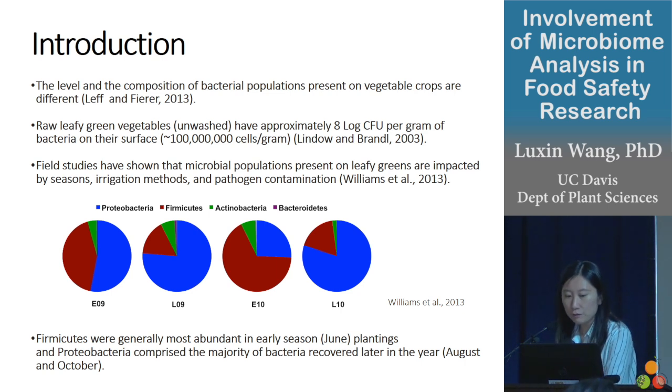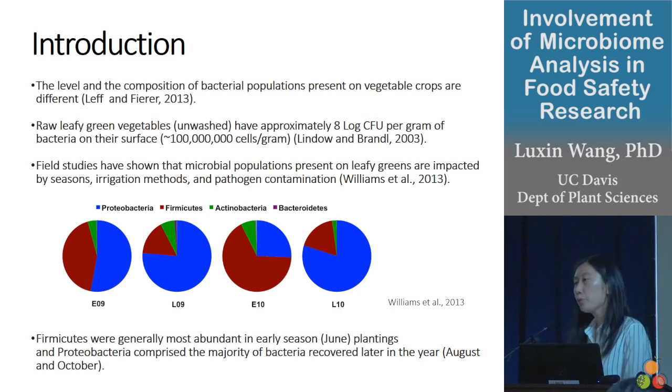As you can tell, for the early season, I want you to focus on the first pie chart and the third pie chart, the major part of the pie is Firmicutes, the dark red. When you look into the late season, you can see the majority of the pie chart is the dark blue, proteobacteria, which shows that when you harvest romaine lettuce at different seasons, you're going to see different composition of those bacterial phyla.